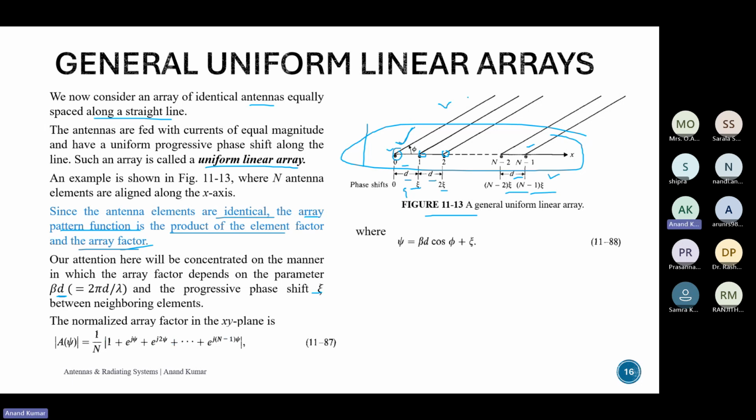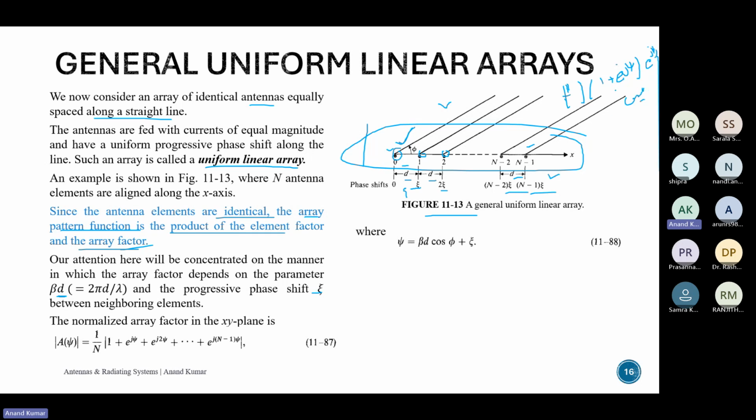From the previous example, if you remember, we had some magnitude terms over here, and then we had 1 plus e power j xi term. Then we had actually multiplied and divided with e power j xi by 2, and then obtained the cos terms.